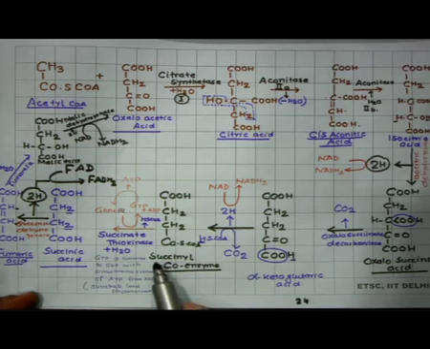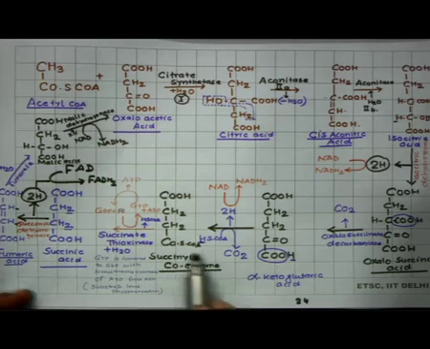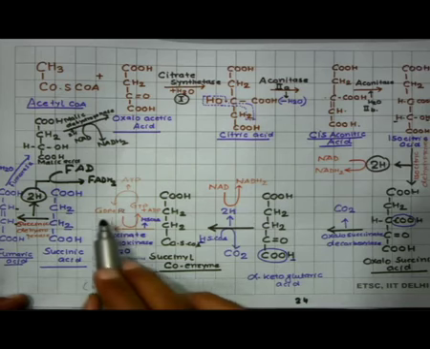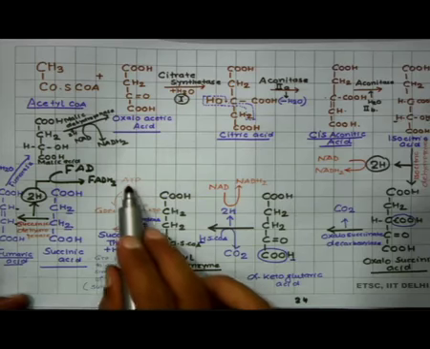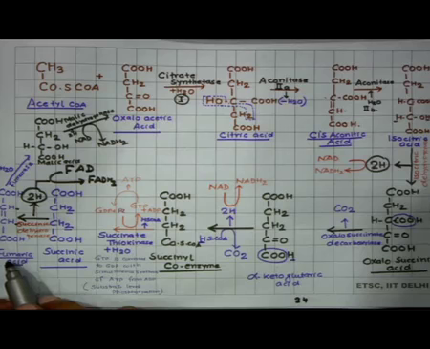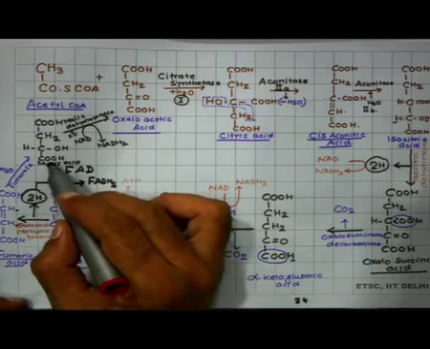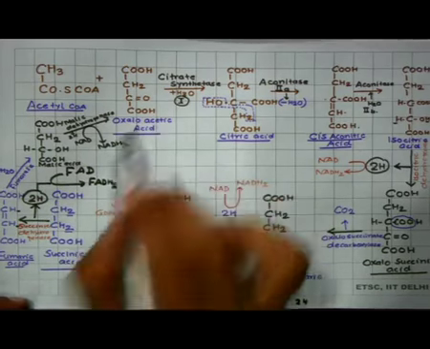Here the substrate level formation of ATP takes place, substrate phosphorylation takes place, and this succinyl coenzyme is converted into succinic acid, and GDP and inorganic phosphate finally form the ATP. From the succinic acid, fumaric acid is formed. Fumaric acid is converted into malic acid, and malic acid is converted into oxaloacetic acid.